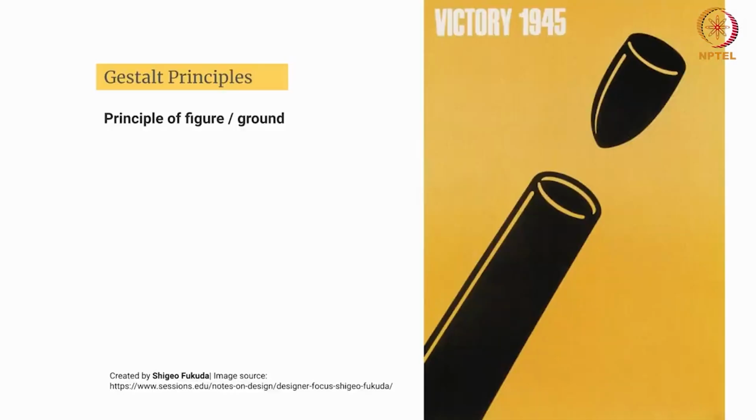Yes, so this is another iconic poster designed by Shigeo Fukuda, and this poster was named Victory 1945. I'm pretty sure if people know about him, they know about this iconic poster, where the poster depicts the overall composition in a very symbolic way. The image depicts a bullet which is not leaving.